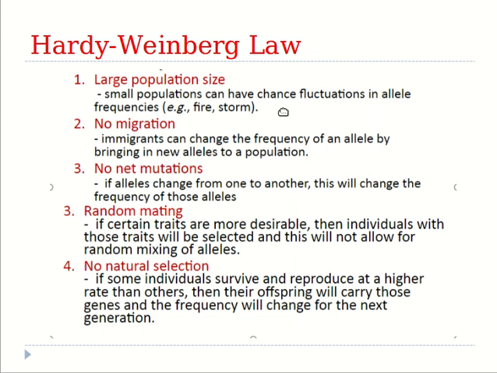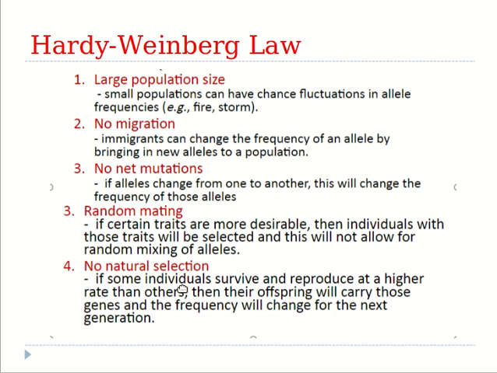Allele for tall is represented in 2 sets. Then capital T, small t, there are 2 alleles, one for capital T, another for small t. So I hope it is clear. Then random mating: if certain traits are more desirable, then individuals with those traits will be selected, and this will not allow for random mixing of alleles, and this can upset Hardy Weinberg equilibrium, right.